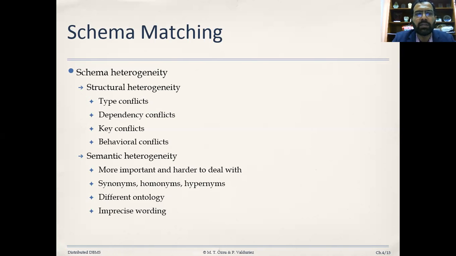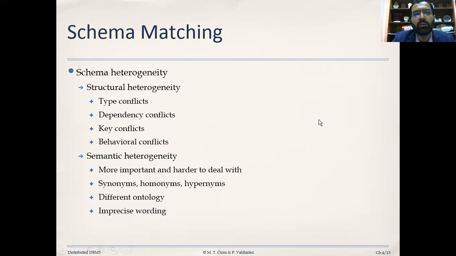When we talk about types, whenever we are matching the schemas, one of the aspects is the type conflict. We might have various types for various attributes, and those conflicts have to be resolved while we are matching.